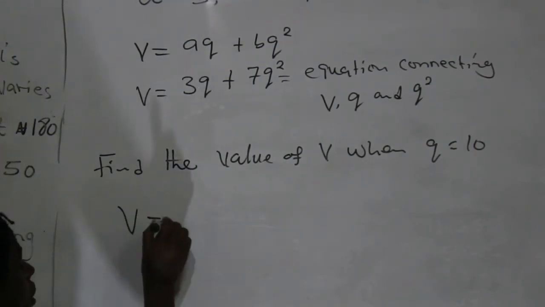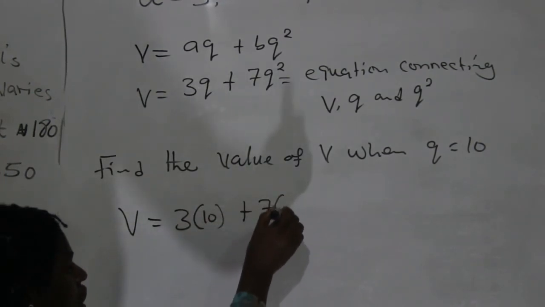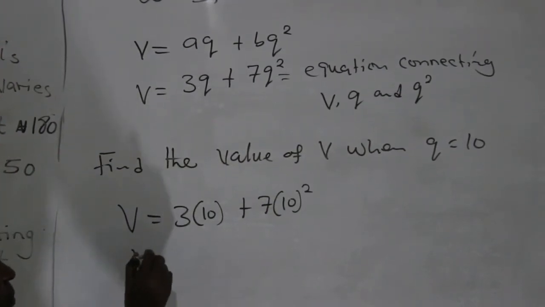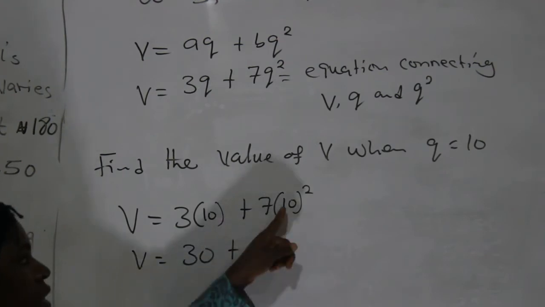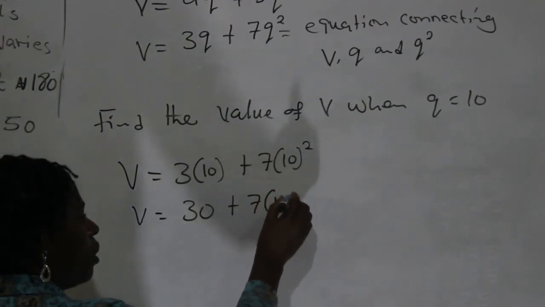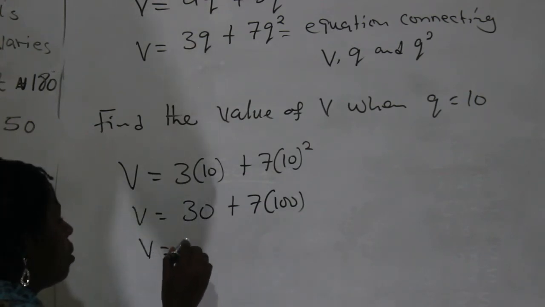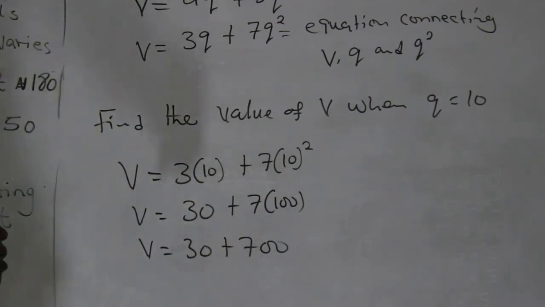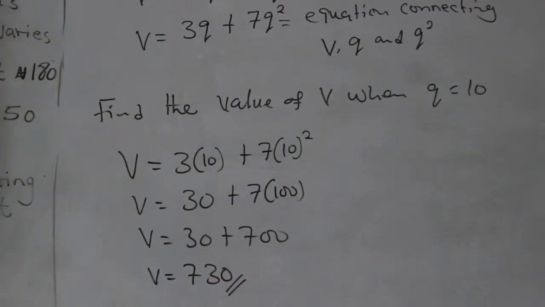So we now have V is equals to 3 into Q, which is 10, plus 7 into Q, which is 10 squared. 3 times 10 is 30, plus, let's take this one first, 10 times 10, that is 10 squared, which is 100. So we have 7 times 100. So 7 times 100 is 700. So we have V is equals to 30 plus 700. 30 plus 700, of course, is 730. So that is the value of our V.